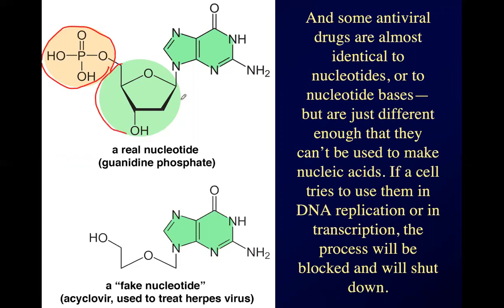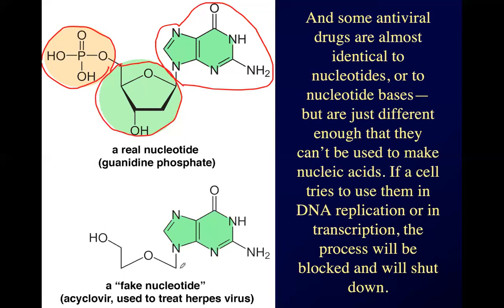In this case, it's deoxyribose. That sugar is attached to a base, a single or double ring of carbons and nitrogens. In this particular case, the base is guanine. So up top, that is the nucleotide, guanidine phosphate. You've got lots of that in your own DNA. It's one of the basic four.